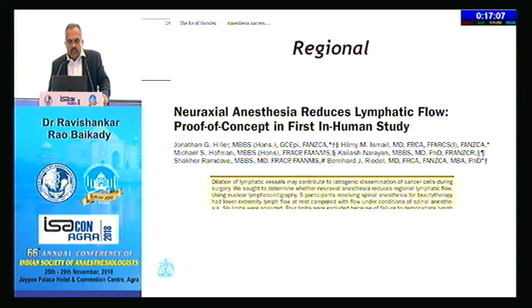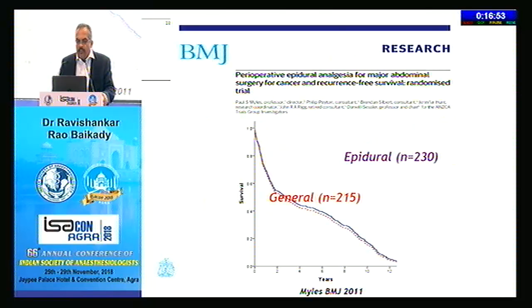Of course, Jonathan showed that if you give a neuraxial blockade, it reduces the lymphatic flow, which means fewer circulating tumor cells, so probably regional anesthesia is good for you. Paul Myles' group did a randomized trial looking at general anesthesia with or without epidural for major cavity surgery, open abdominal surgery in cancer.